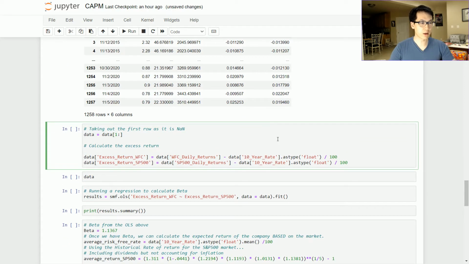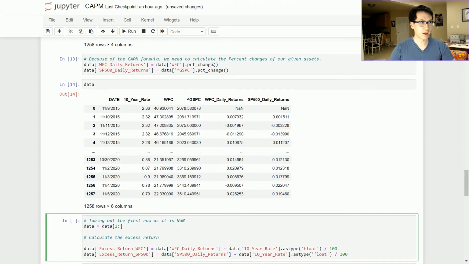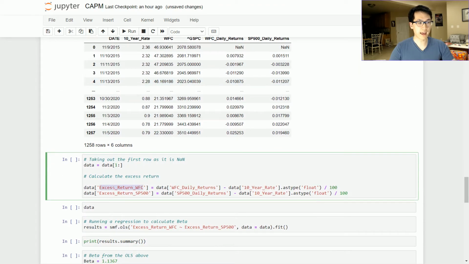So after we calculated our percentage changes over here, we calculate the excess return. What do I mean by excess return? This is essentially calculating your expected return for your given company. You subtract your risk-free rate from that, and that is your excess return. So it's basically your spread between your risky asset and your risk-free rate.